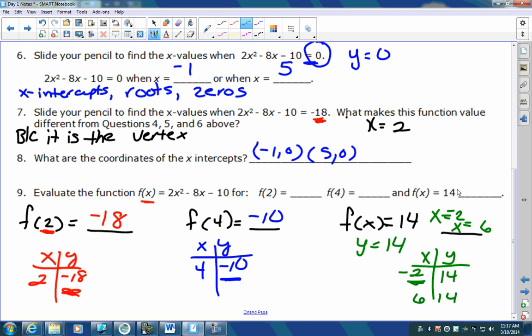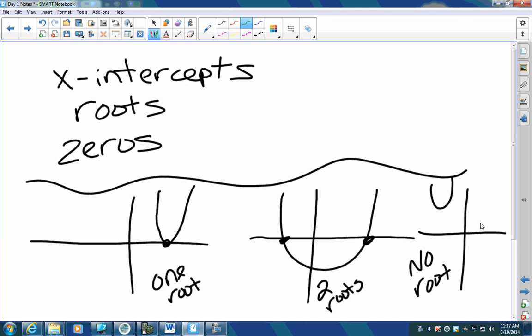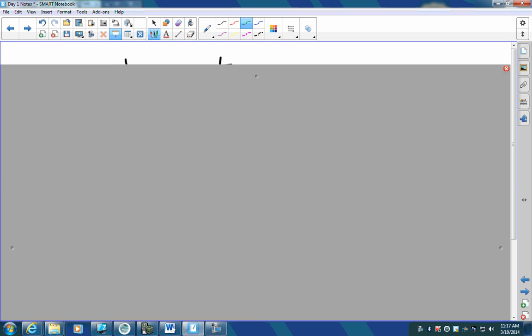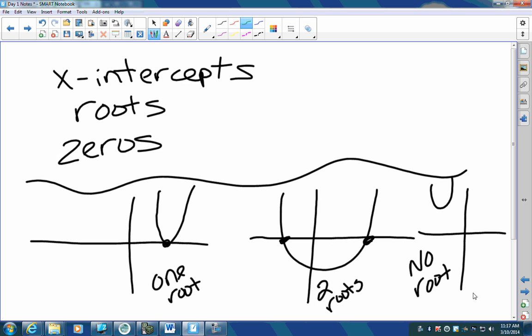Now flip your paper over for a second. On the blank part, I want you to write this down. X-intercepts. When you have x-intercepts, they're asking you for the roots and for the zeros. Please have that written down. Now the next thing is that you could have three types of solutions.